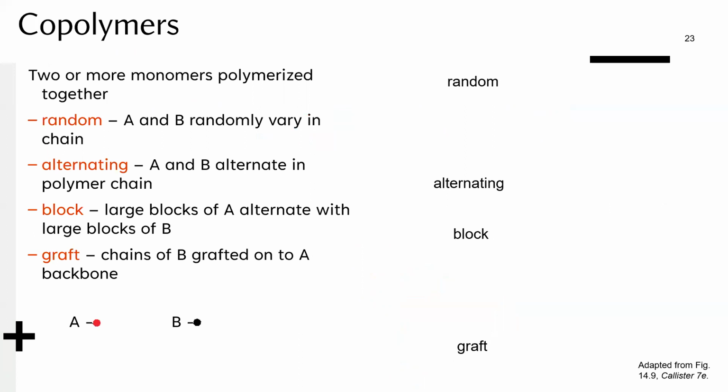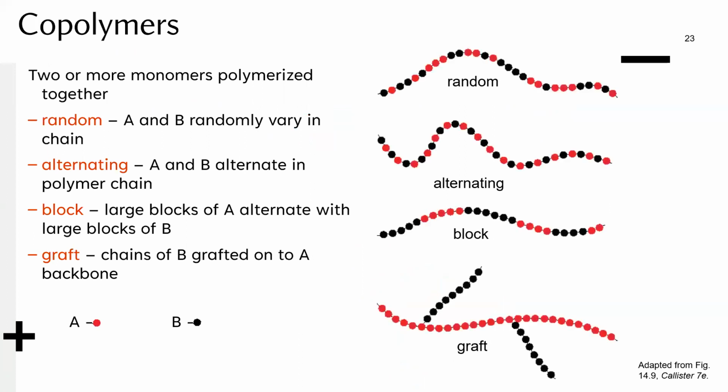So the next thing that we discussed was copolymers, the concept of having more than one type of monomer in your backbone. And what you see here is examples of how this dual or even 3 or 4 types of different monomers could be incorporated within the same polymer matrix. In this case, you have a random configuration where you have a couple of each monomer followed by a couple of the other.